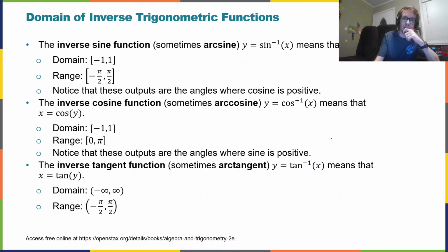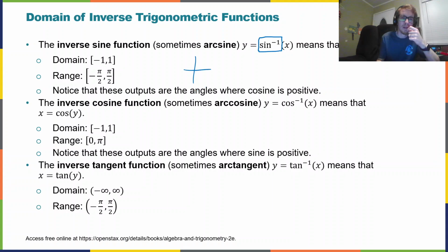Those were the restrictions we're going to place on sine. Therefore, the inverse sine function, also known as arc sine, y equals sine to the negative 1 of x. It's not really a power; it indicates that this is the inverse sine. Reversing the domain and range because we're talking about inverses, the domain is -1 to 1 and the range is -pi over 2 to pi over 2.